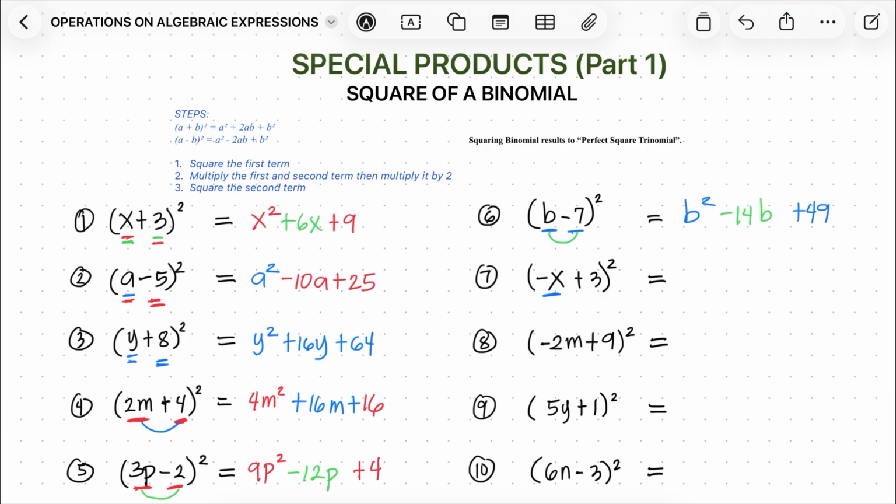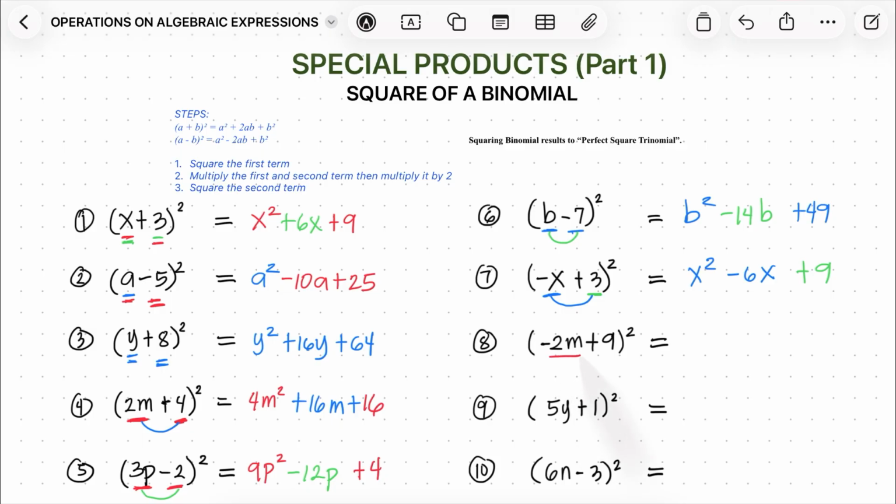Next, we have negative x times negative x, that's positive x squared. And then we have 3 times 3, that's positive 9. And negative x times 3, that's negative 3x, times 2, that's negative 6x. Okay, so next we have negative 2m plus 9.